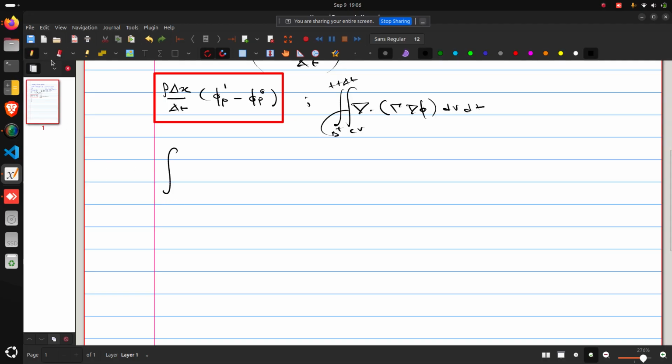Let's write it down here: from t to t plus delta t, it is nothing but a summation of gamma d phi dx times A at the different faces, dt, right?